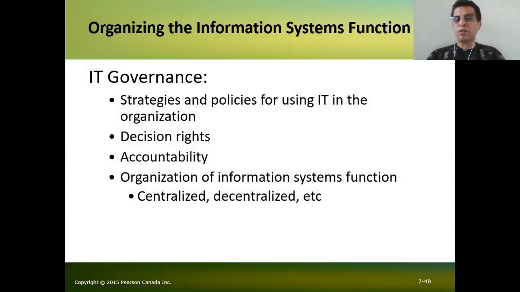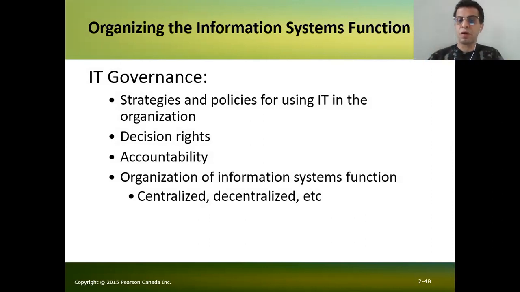Also, the organization's information system function falls within what they call IT governance, which is the strategy and policy for using IT in the organization. In the last class, I gave you an example of a small boat versus a big ship: maneuvering a small boat is easy, but a big ship needs a strategy, and that strategy should match the strategy of the whole organization.